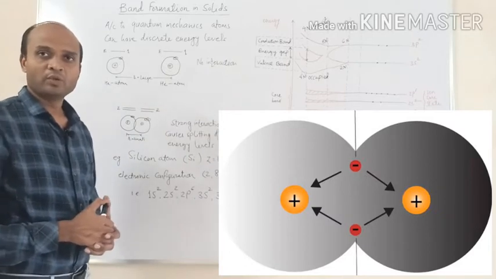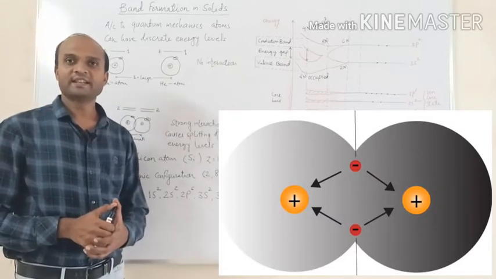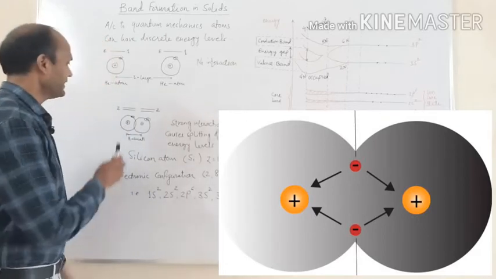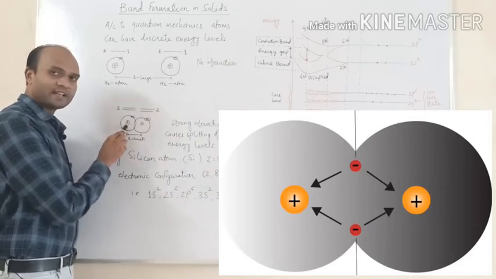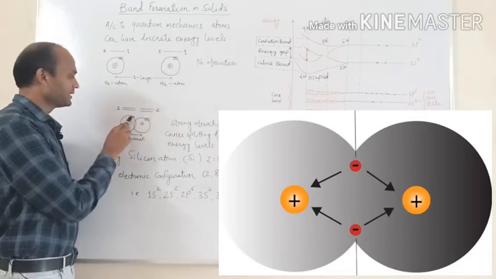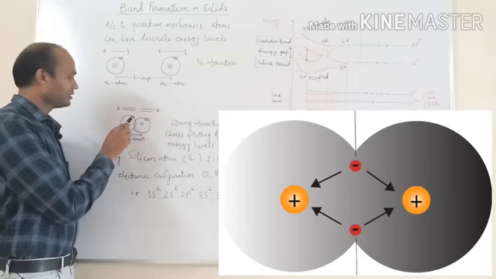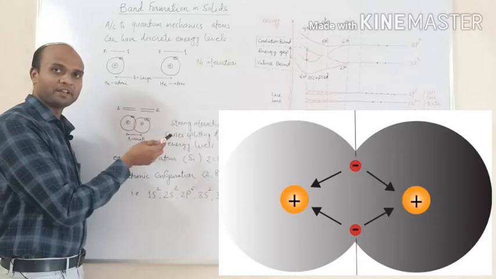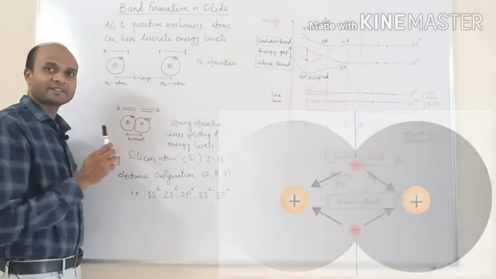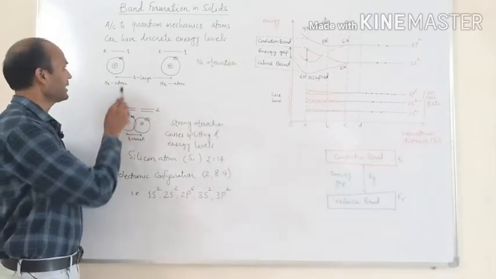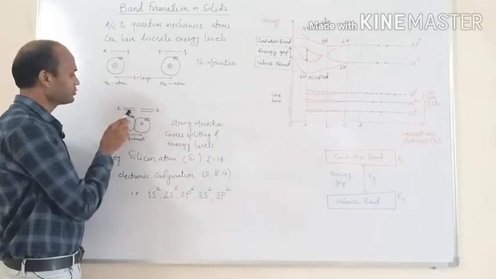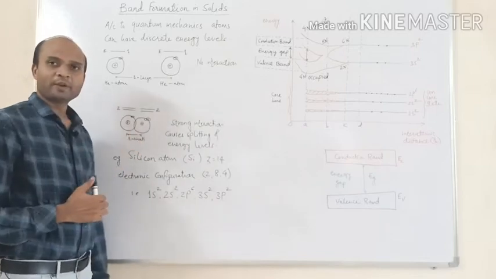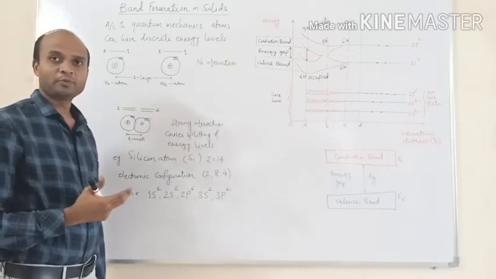And as we know, Pauli's exclusion principle suggests that each electron requires a separate energy state, and that's why now for this atom there may be an electron of its own or from the neighboring atom, and therefore it requires two energy states. That's why this single energy state is now split into two energy states. Similarly, in case of atom 2, there may be a possibility of two electrons.